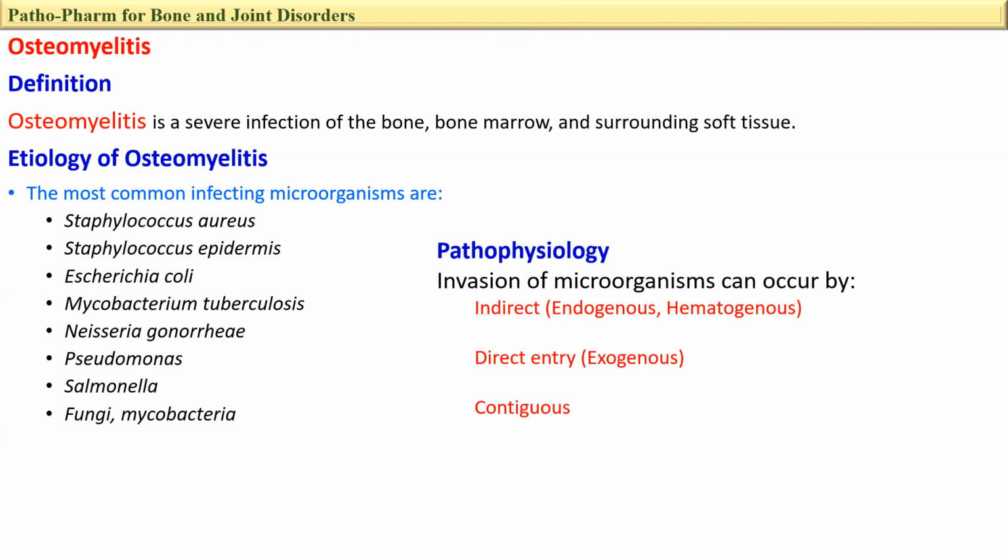So an invasion of the microorganism can result either from indirect entry, direct entry, or contiguous spread. The indirect, which is endogenous or hematogenous, is the most common type.